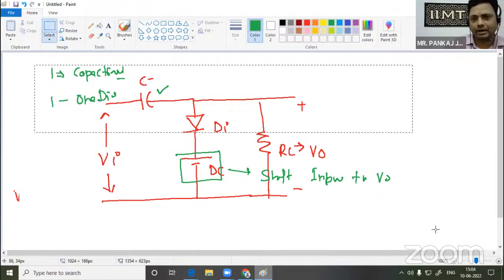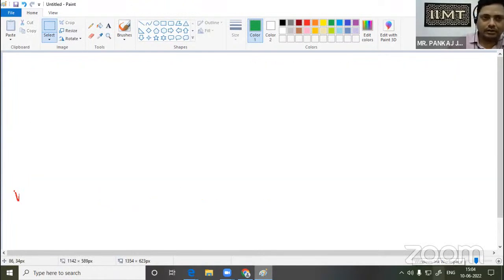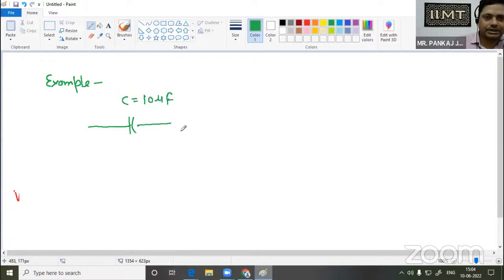So first of all, suppose I am taking one example. In this circuit, the value of the capacitor is 10 microfarad, an ideal diode is connected, and a battery of 5 volt is also attached with this diode.